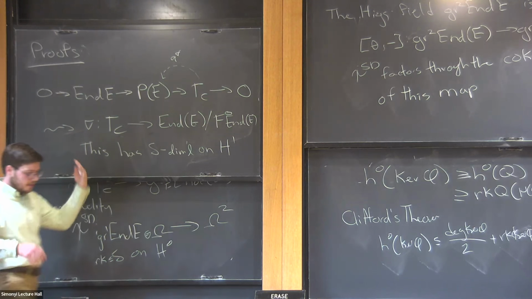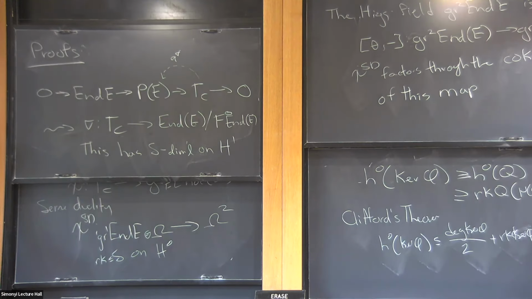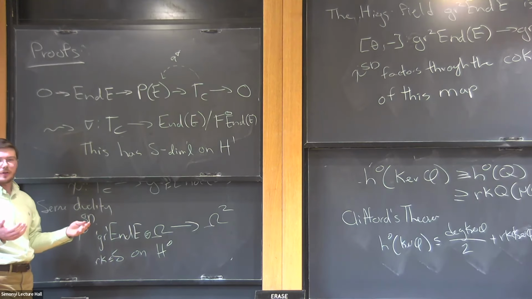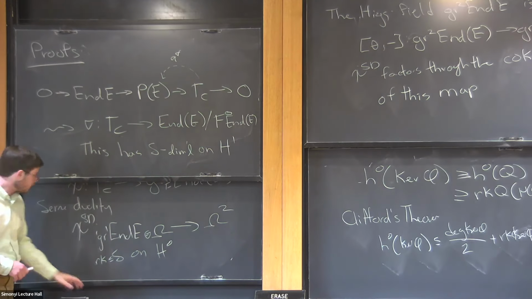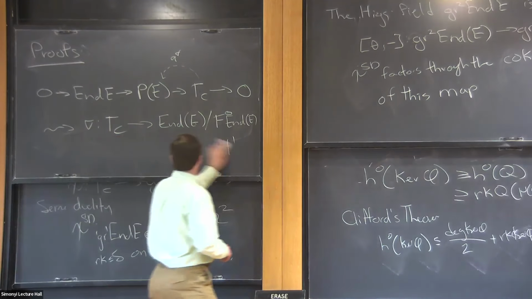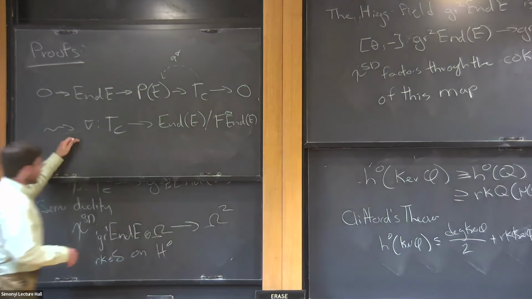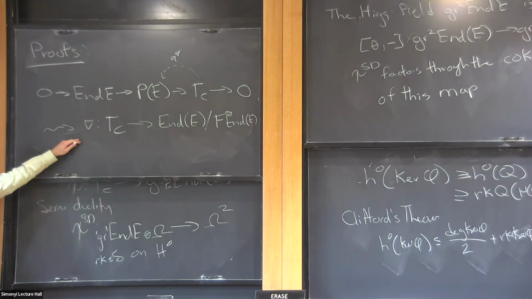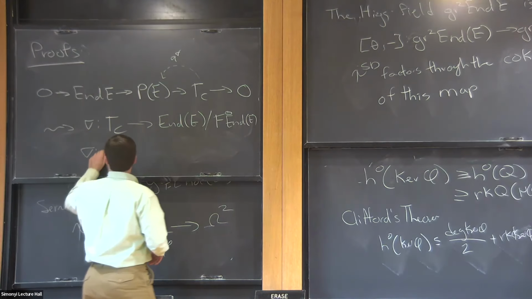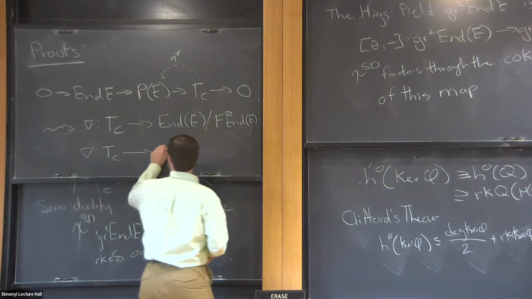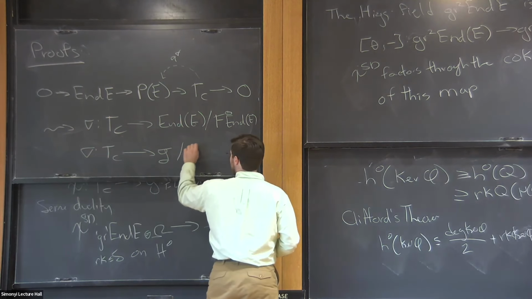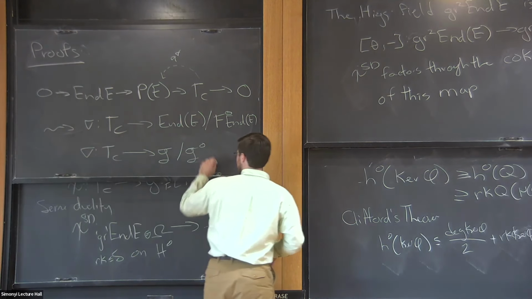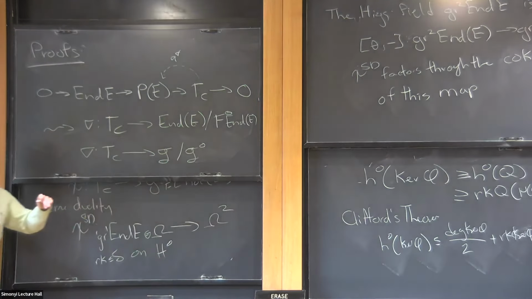And in fact, I don't know of a simple proof of this, but the Lie algebra monodromy group is a sub-Hodge structure of these endomorphisms of E. So when I get a map like this, I also get a map to the Lie algebra monodromy group modulo those endomorphisms that preserve the filtration there.